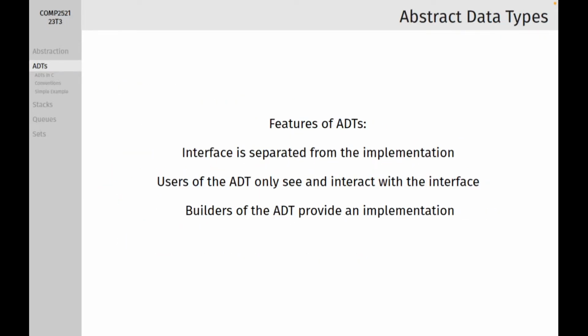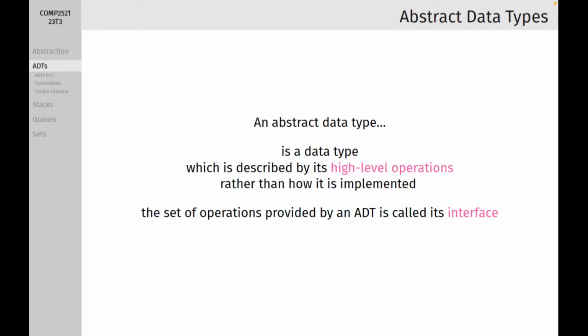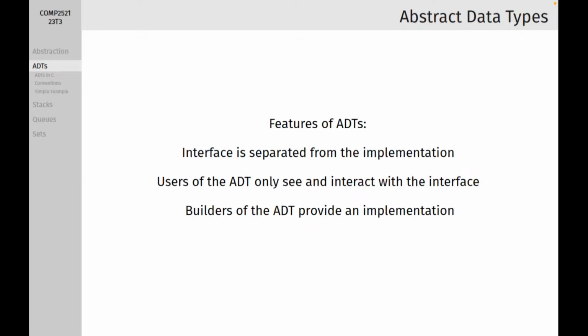All right, so what are some other features of ADTs? For an ADT, the interface, which is the set of operations provided by the ADT, is separated from the implementation. So think back to the example with the car. The interface, which is the steering wheel, the pedals, and so on, is separated from the other components of the car, like the engine, because you don't need to worry about how that stuff works.